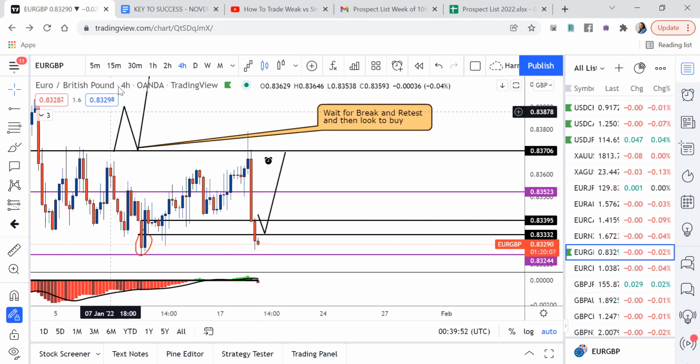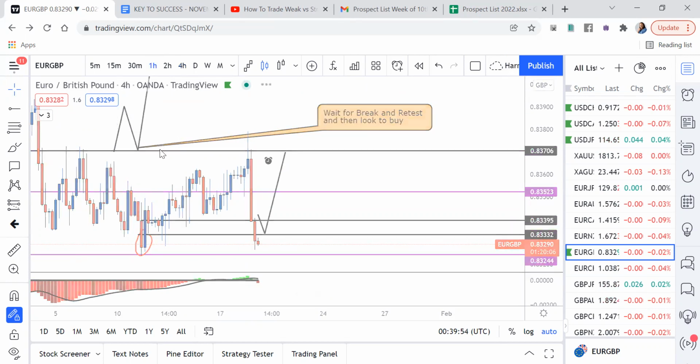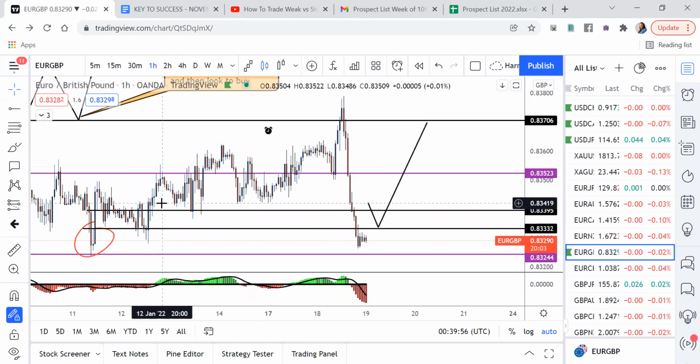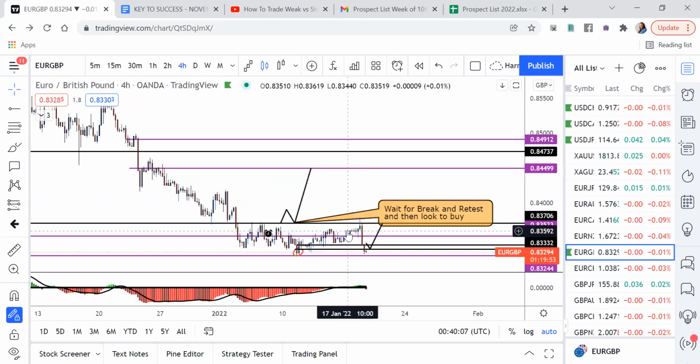I just watched it. I wanted to see how it reacted around these imbalance zones that I identified, and price broke below. And I could see why, because like I said, today when I looked at it, I saw that I had a 4-hour retest for a sell. So that's what happened today.